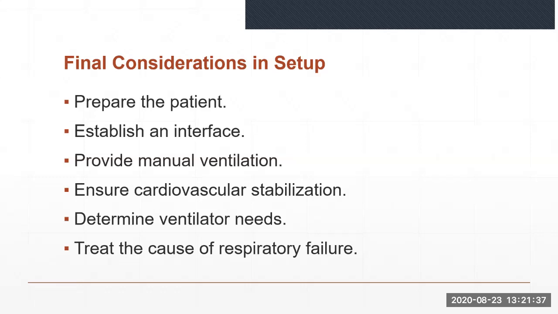The combined stress of acute or impending respiratory failure and endotracheal intubation can reveal undiagnosed cardiovascular complications, which may already be present. For example, patients with existing or borderline myocardial ischemia may develop cardiac dysrhythmias.